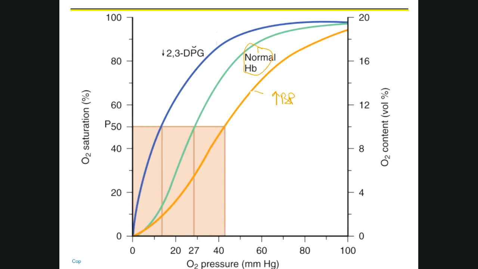That means because I have less oxygen, I need to unload more. So if your muscles go into anaerobic glycolysis, we're going to shift the curve to the right, and we're going to drop off more oxygen.